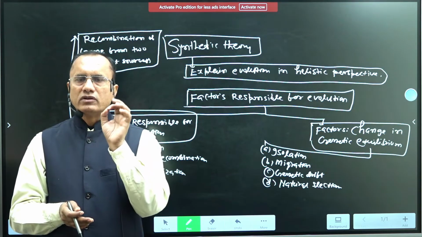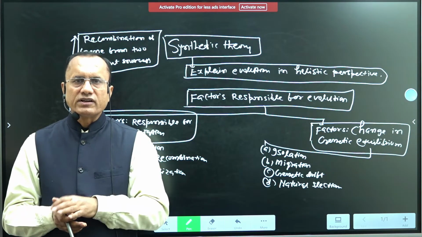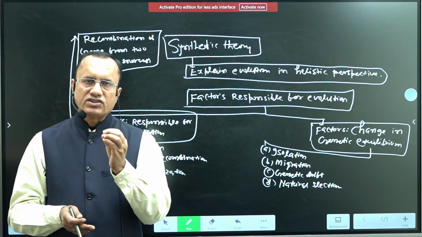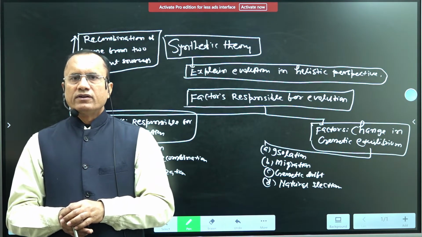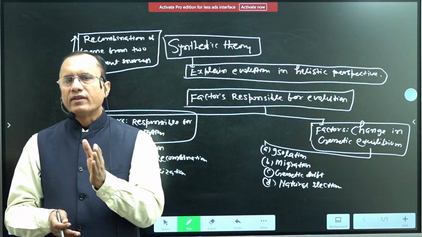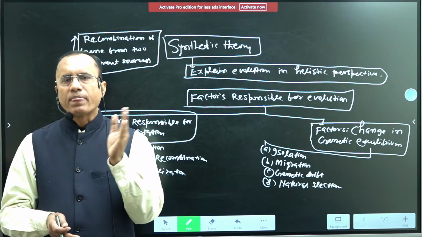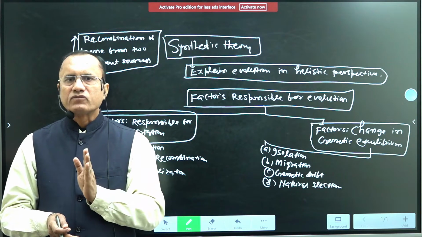So due to gene recombination, secondary variation occurs in a population, and if that secondary variation creates positive variation, it is positively selected by natural selection, hence evolution happens.